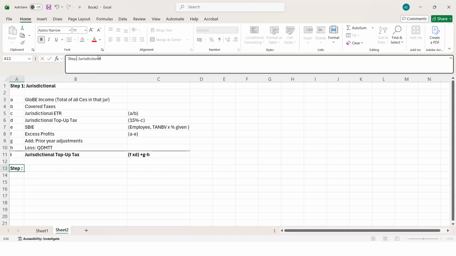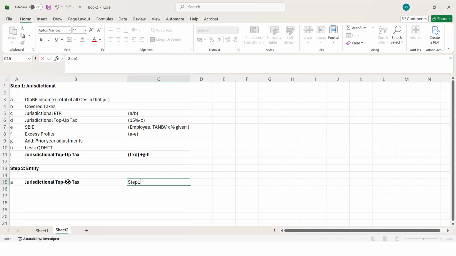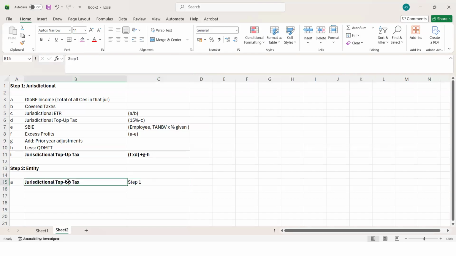Step two is entity classification. Now, for that, what do I do? I will take the jurisdictional top-up tax, which is nothing but step one, right?